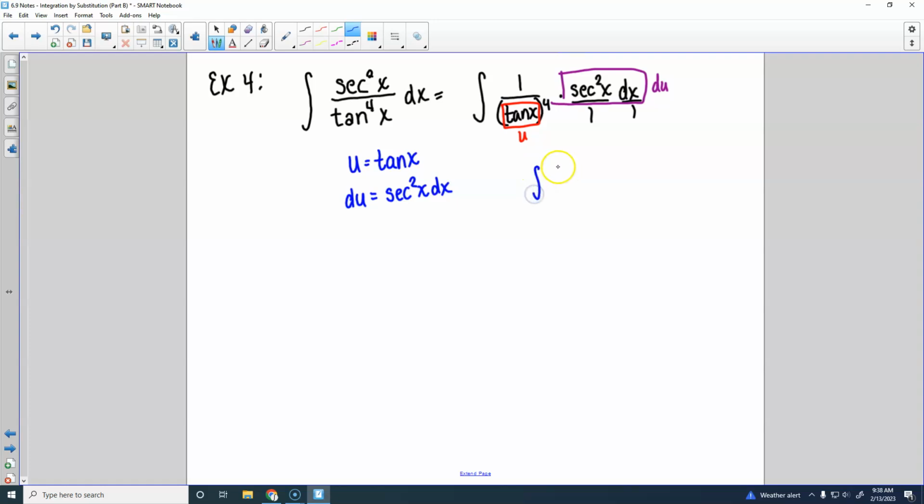So we will have 1 over u to the fourth du, which is better to think of as u to the negative fourth du for your rules. And so when we use the power rule to integrate this, we would have u to the negative third, and we would have to divide that 1 out front by that negative 3, which will give us a negative 1/3 here, and put the plus c on the end.